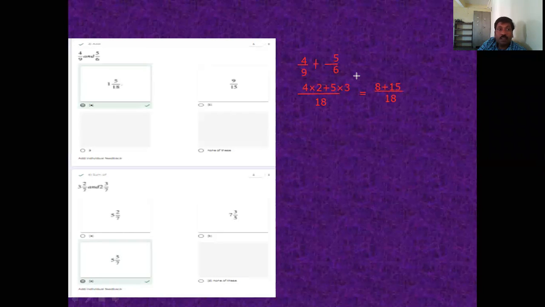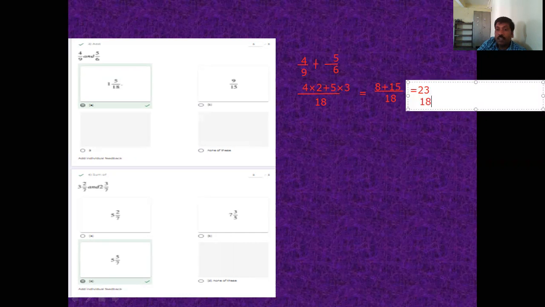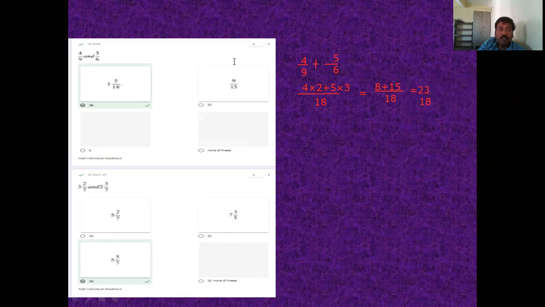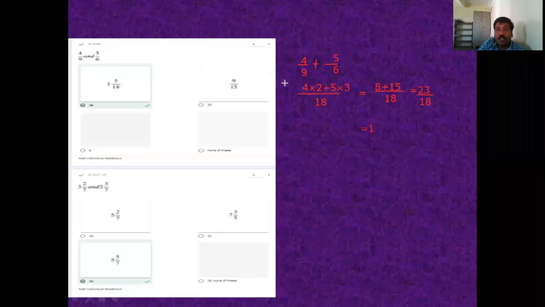8 plus 15 is equal to 23, so 23 by 18. When we change it into a mixed fraction, we write it in this way: 1 whole 5 by 18.